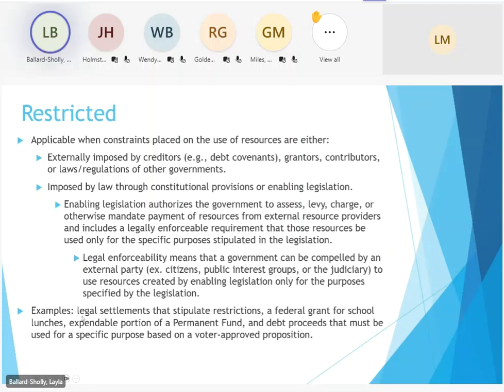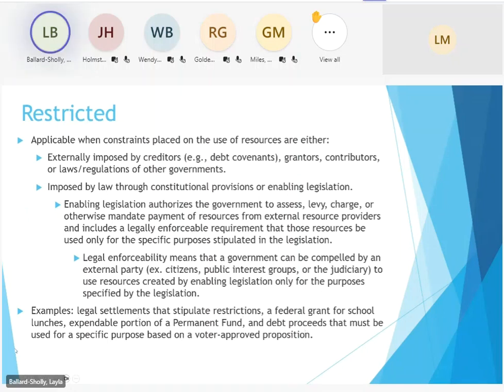Other examples of restricted fund balance are legal settlements that stipulate restrictions, federal grants for school lunches, and pretty much every federal grant is going to be considered restricted. Expendable portion of a permanent fund. So going back to the non-spendable thing, if you have a permanent fund, principal portion would be non-spendable, but anything you can spend would be restricted.